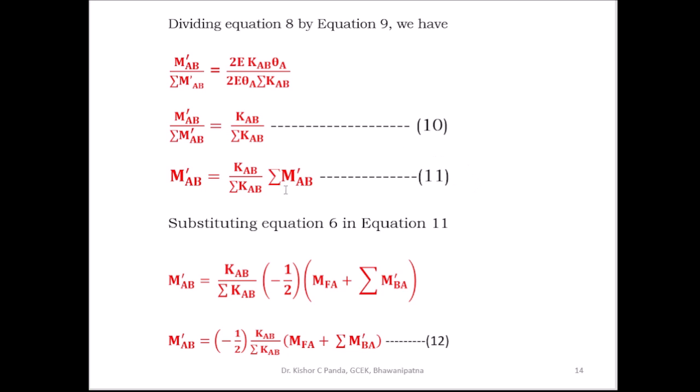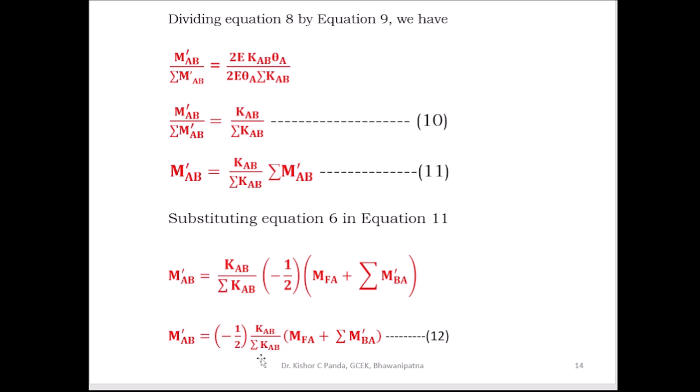After substituting, m dash AB is equal to KB divided by summation of KB into minus half into MFA plus summation of m dash BA. Then m dash AB is equal to minus half into KB by summation of KB into MFA plus summation of m dash BA. This is expression 12.